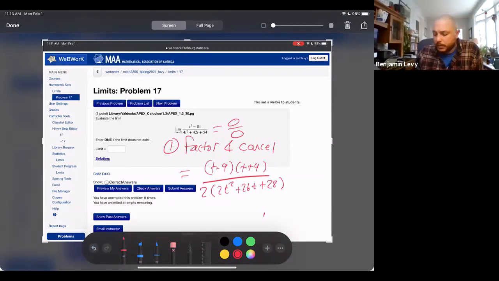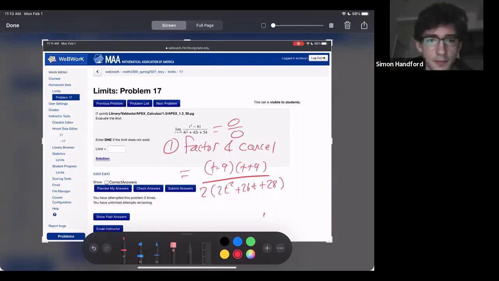And then, so do you get 0 on the bottom when you plug in -9? Did you try that? I haven't tried this one yet. Let's see if I can plug in -9 real quick. Is that what you said, Simon? Yeah.